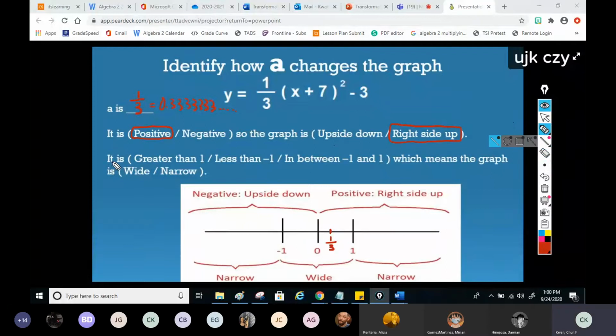And then it is in between -1 and +1, which means the graph is wide.